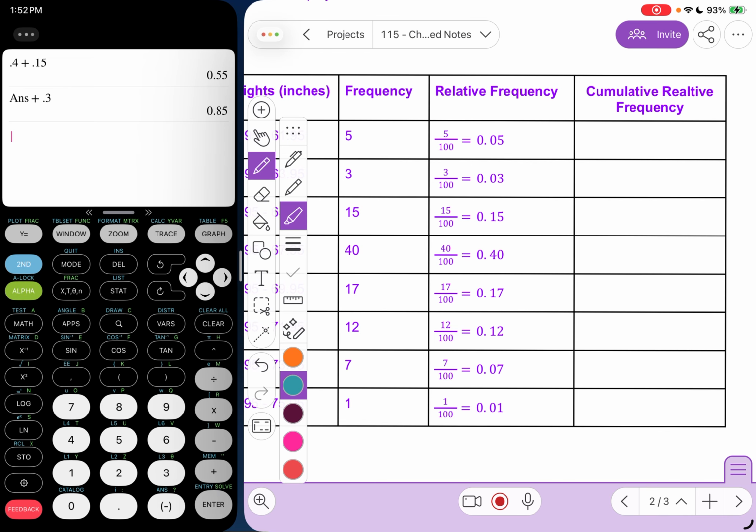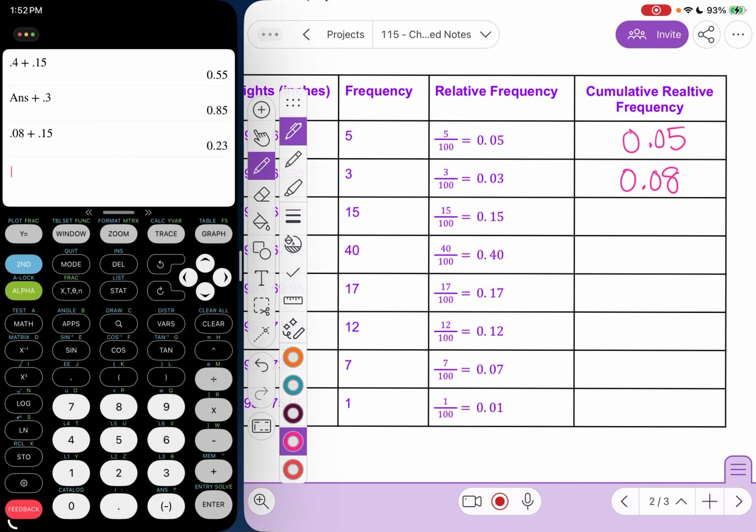Now we should fill in the cumulative relative frequencies. So the first one is always that first value, 0.05. And then we would add the 0.03 to get 0.08. And then we'd add 0.15, so we get 0.23. Add the 0.4, so we get 0.63.